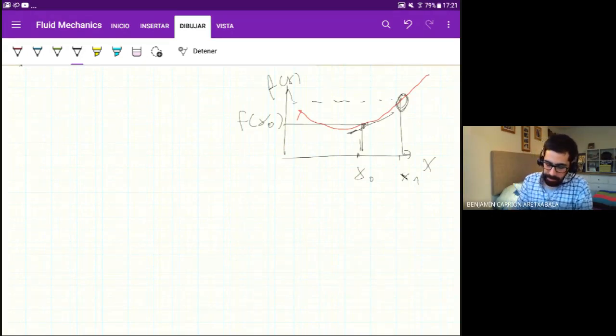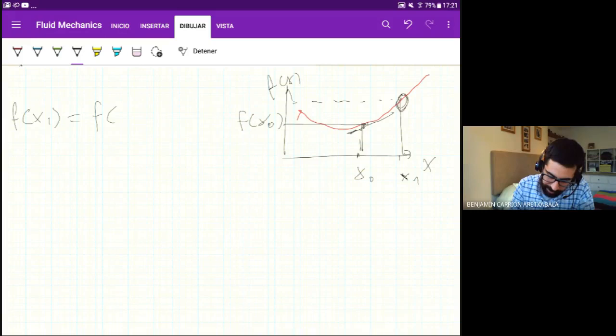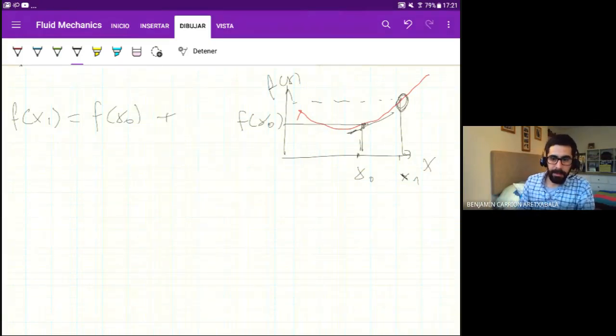Okay, Taylor tells us that f at x1 is going to be f at x0 plus an infinite sum of terms, right?